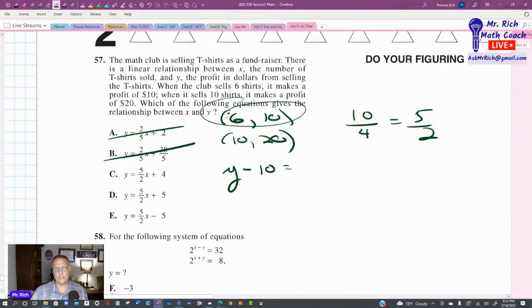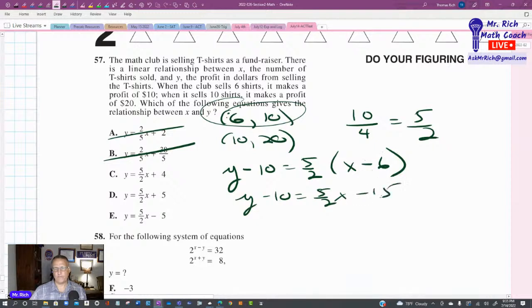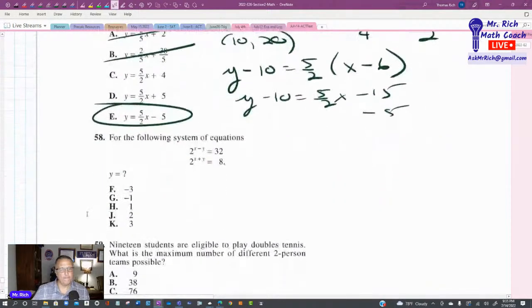So Y minus 10 equals 5 halves times X minus 6. Then I distribute the 5 halves, and that gives me 5 halves X. 2 goes into 6 three times, so that would be minus 15. Add the 10, and that makes it minus 5. I'm liking E right there.